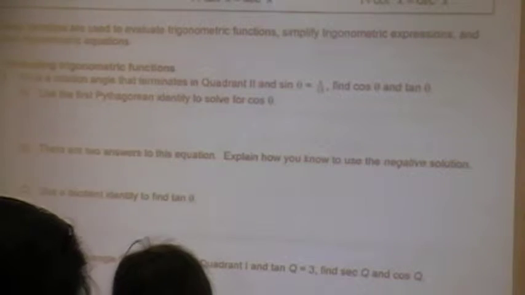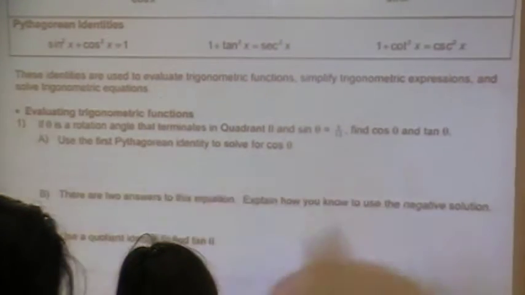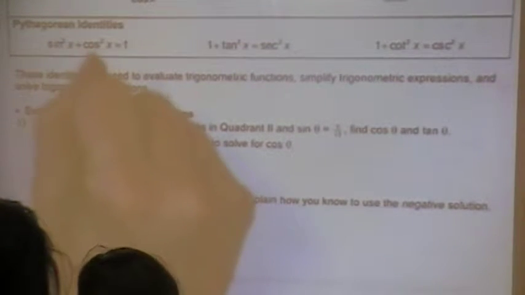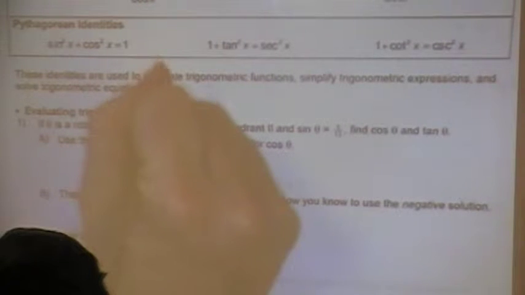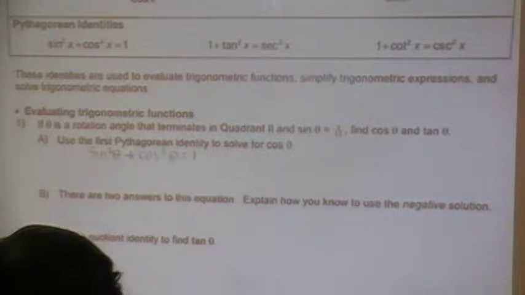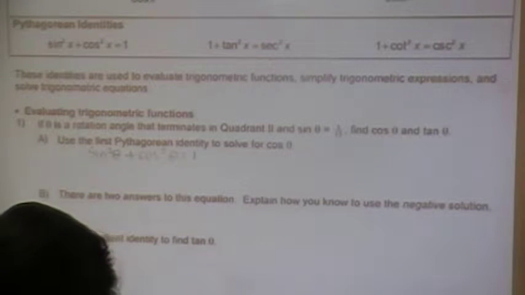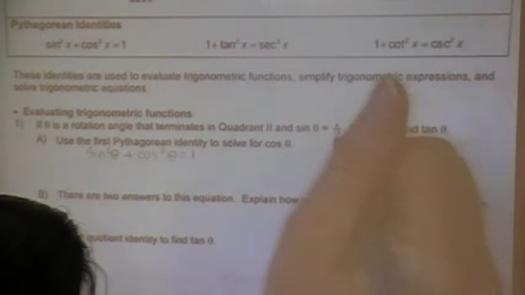When they say the Pythagorean identity, they're talking about this one right here. I've got sine squared theta, this time with a theta instead of an x, plus cosine squared theta equals 1. This time, I happen to know what sine is. It's 5 over 13.